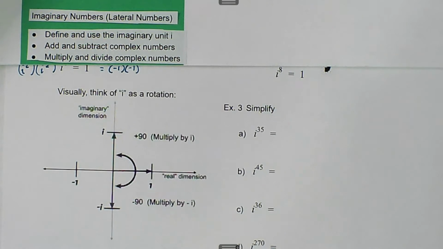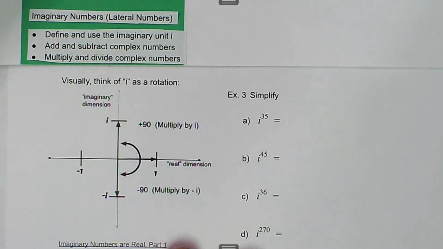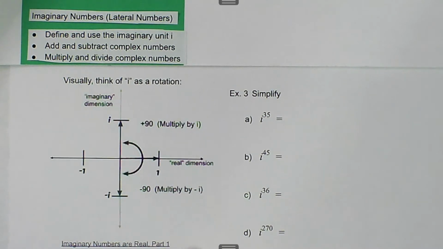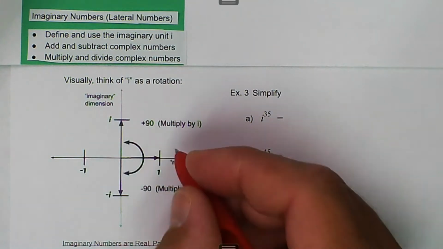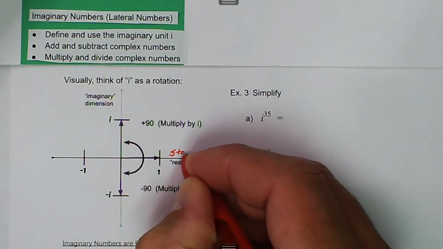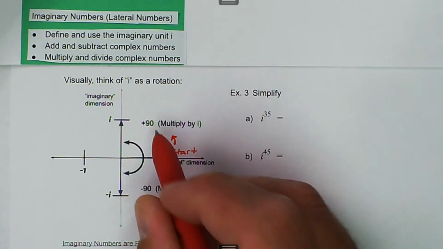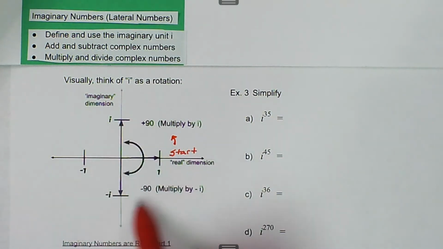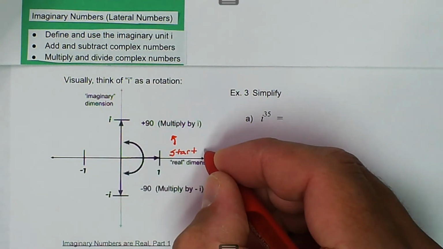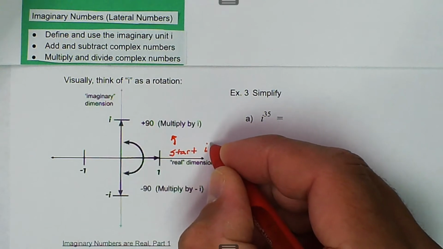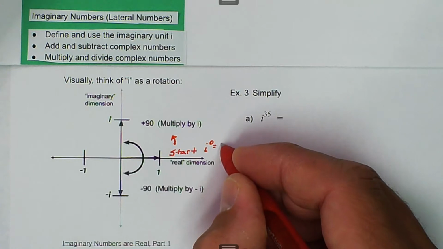So to visually think of this, we can think of it as a rotation. So if we start here, and we add a full rotation, or if we think of it as quarter rotations, i to the 0 would be right here. i raised to the 0 power, and anything to the 0 power is 1.